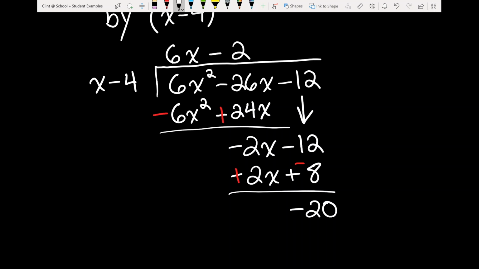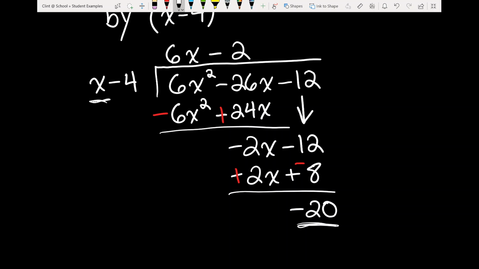And now we're finished. The way I know that we're finished is that this remaining number I have down at the bottom has a degree that is less than the thing we're dividing by. So the thing we're dividing by has a degree of 1, right, x to the first power. The number we're left with down here, negative 20, doesn't have an x, so that's like x to the 0th.